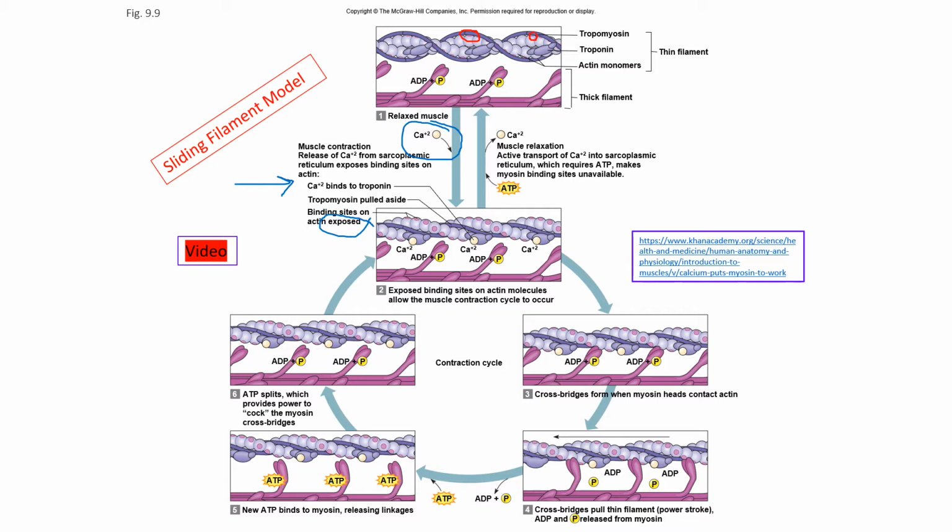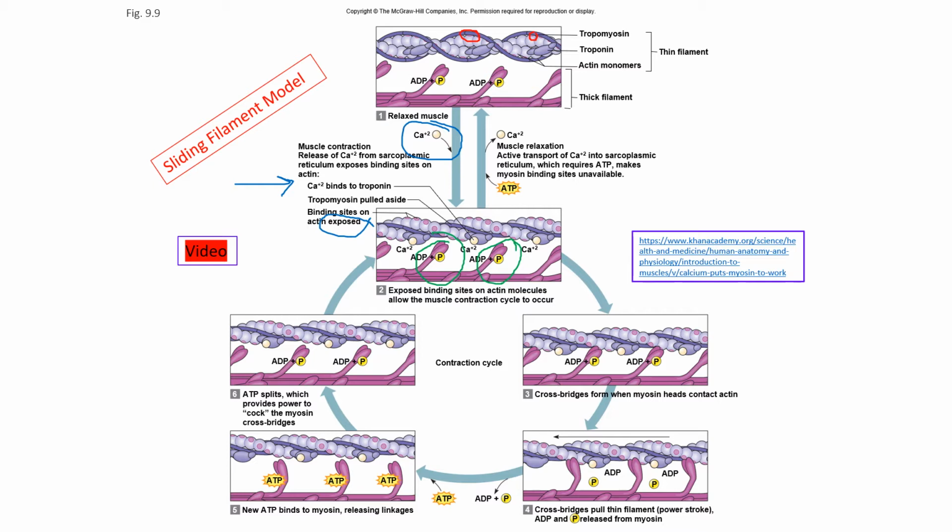Okay, the first thing that happens next is these cross bridges, note they have ADP and phosphate listed. This forms as a result of an ATP that was recently broken apart. You might remember from earlier parts of the lecture we talked about how when ATP is broken down, it forms ADP and phosphate. So that's where that comes from.